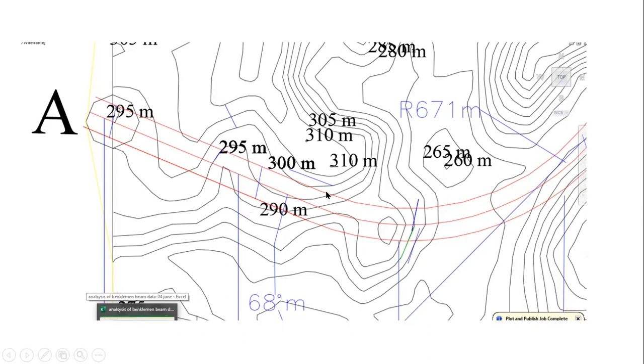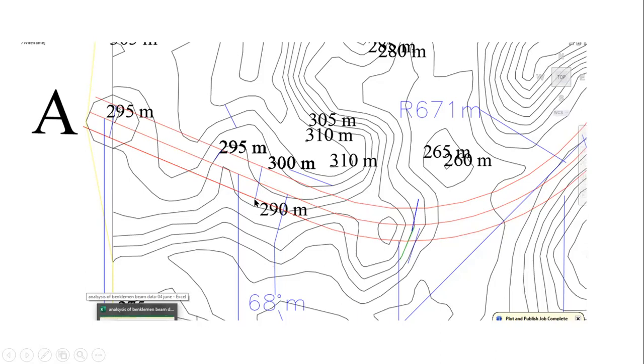The elevation on the left hand side, I say left hand side because I'm moving from A to B. So this is my left hand side, this is my right hand side. The elevation of my left hand side is not known to me, but it lies between 300 meters and 295 meters, so it will be around 297.5 meters.